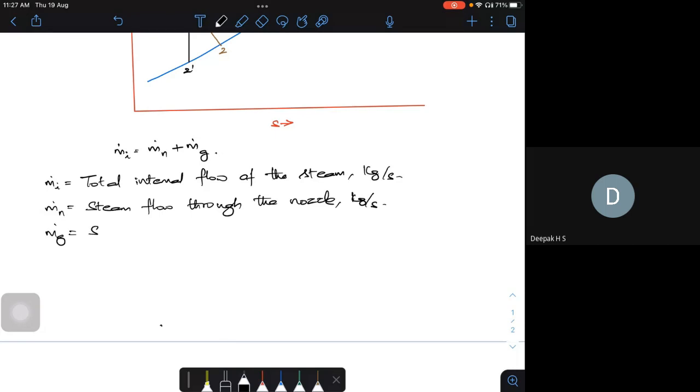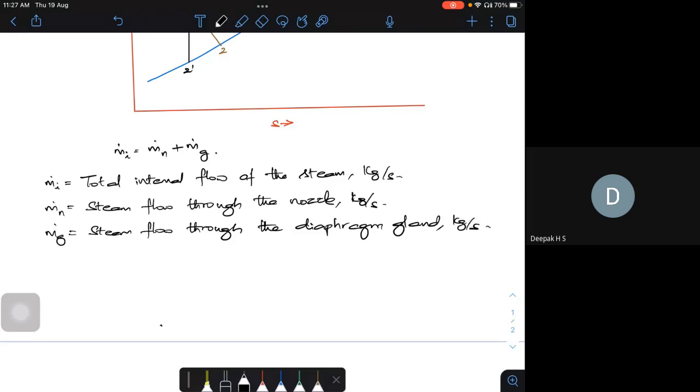This is the steam flow through the diaphragm gland, which is there in the stator.